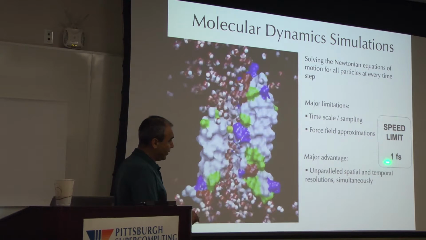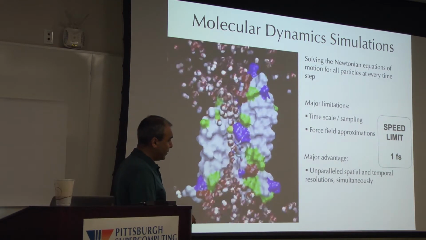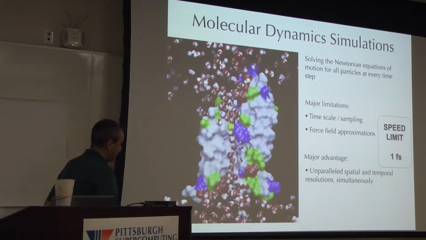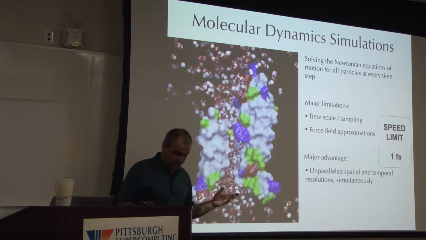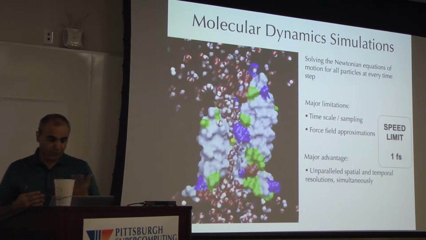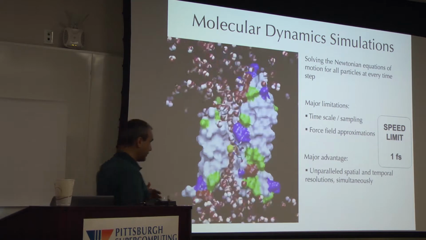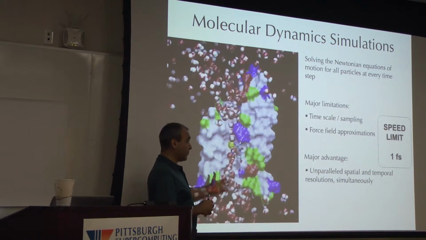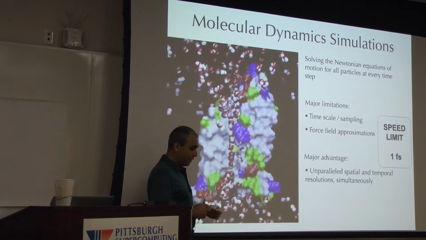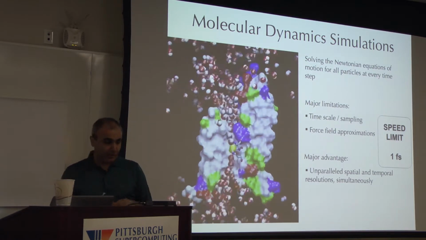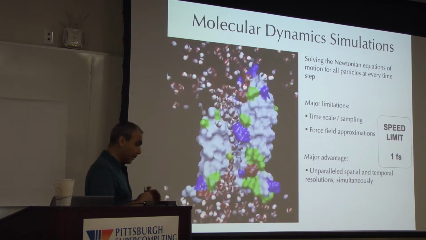The problem is we have to take time steps of 1 femtosecond or 2 femtoseconds, with some tricks 3 or 4 femtoseconds, for atomistic simulations. If you have individual atoms represented, then you can't take longer time steps.